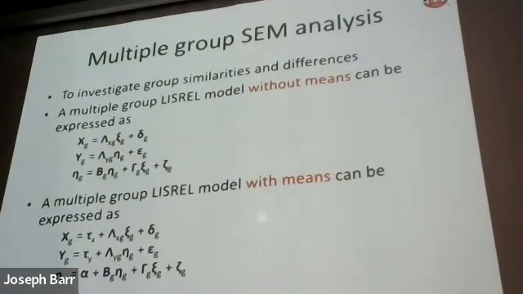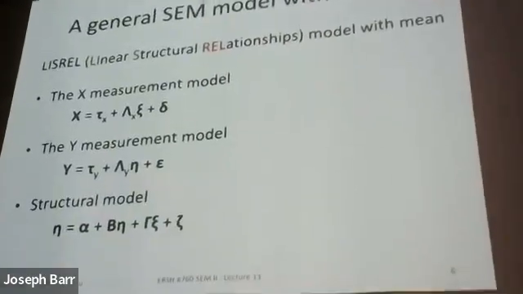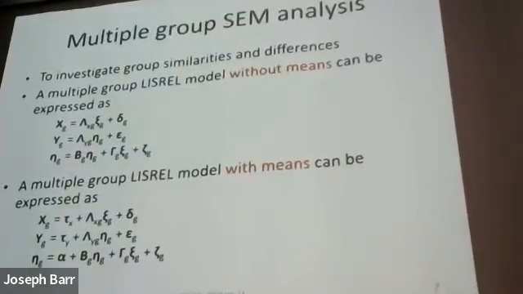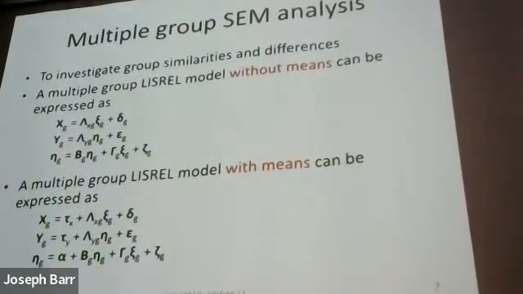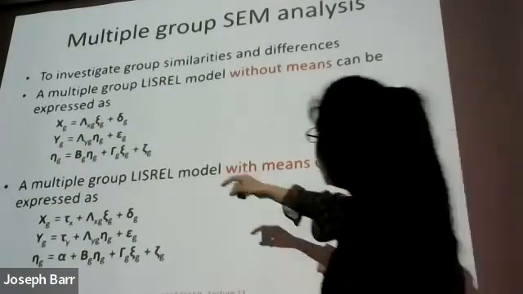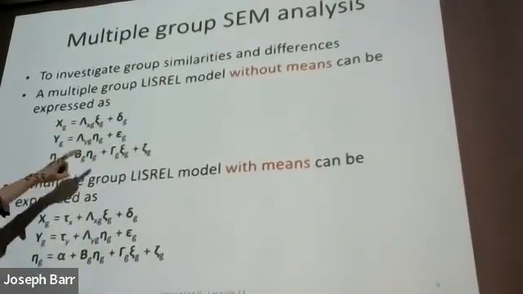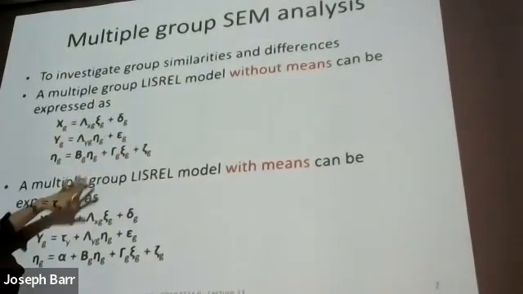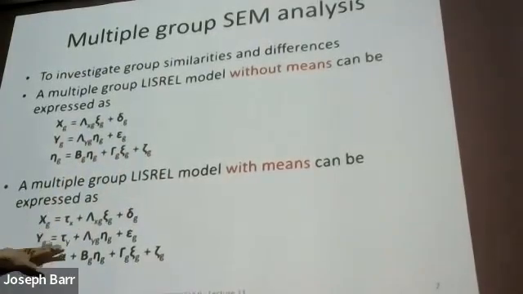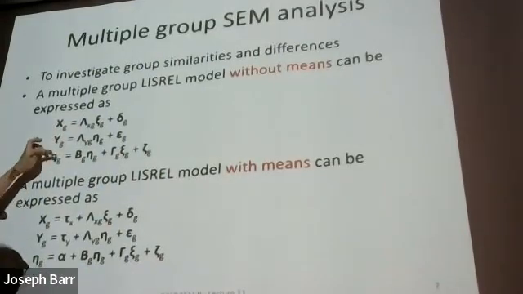Previously we just considered one group. Now let's extend it to multiple groups, multiple group analysis. So we have a subscript g. This is for the model without means, and these are models considering means. We have a subscript g here in each of these. What does that mean?